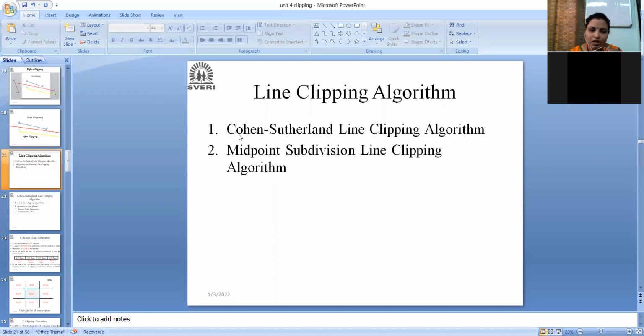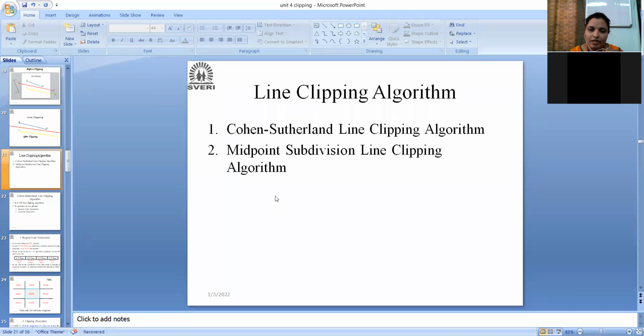For that, we first have the region codes. A region code is a 4-bit binary number which represents the portion around the window where exactly the line endpoint is situated. So the location of the endpoint of the line is specified by the region code.